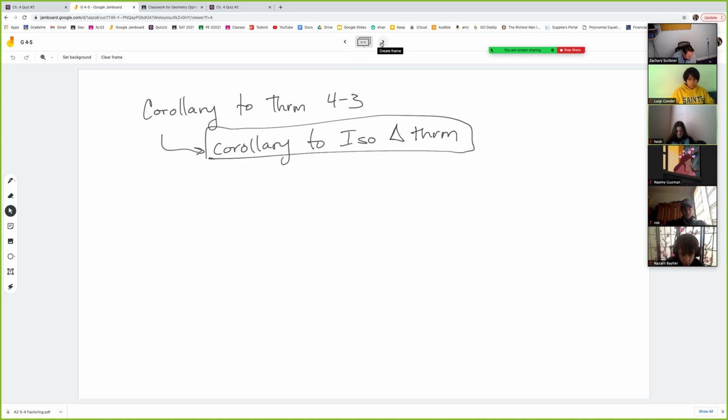So, it says, if a triangle is equilateral, then the triangle is equiangular. All right? And then corollary to theorem 4.4, if the triangle is equiangular, then the triangle is equilateral.